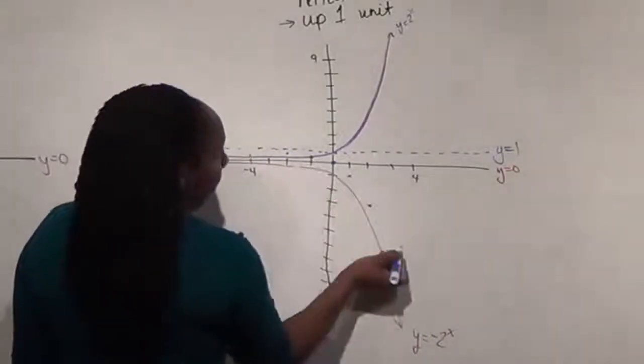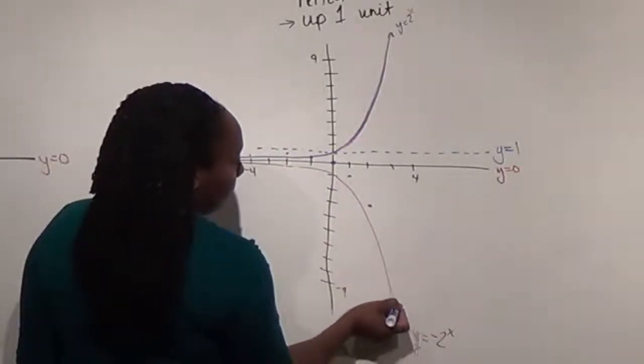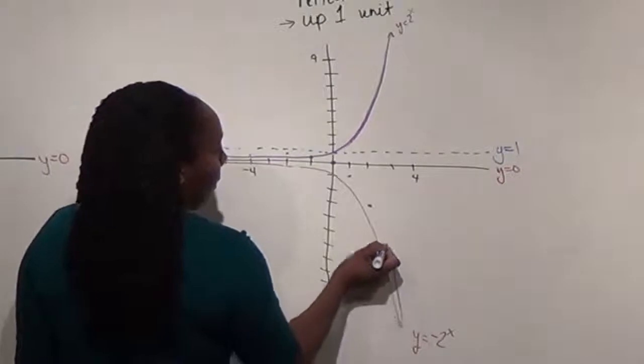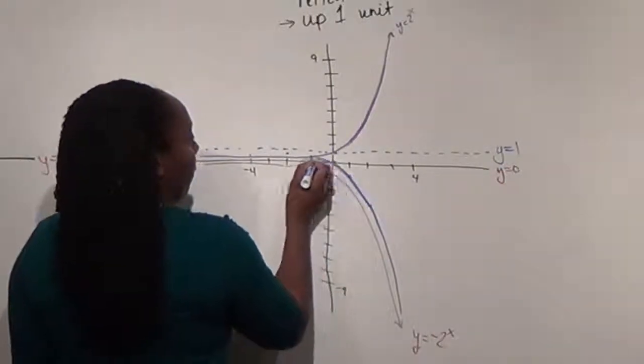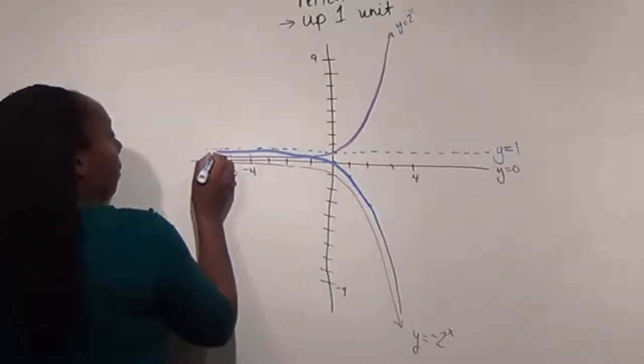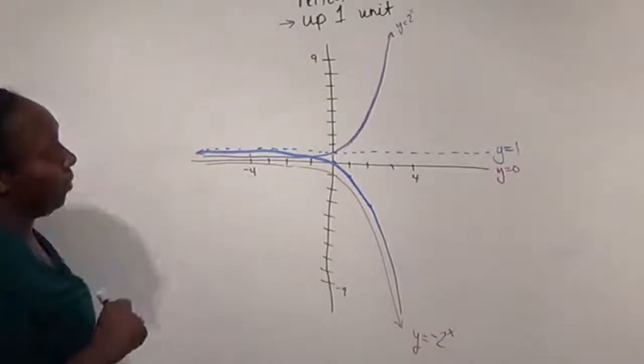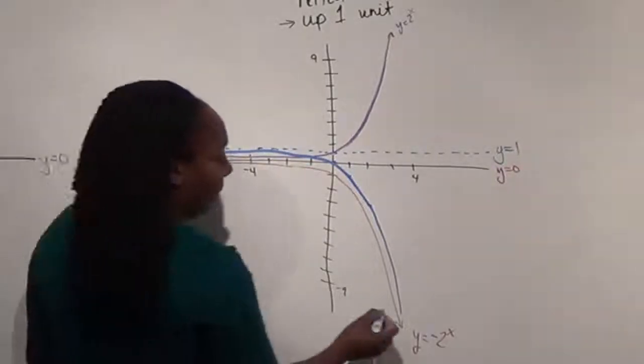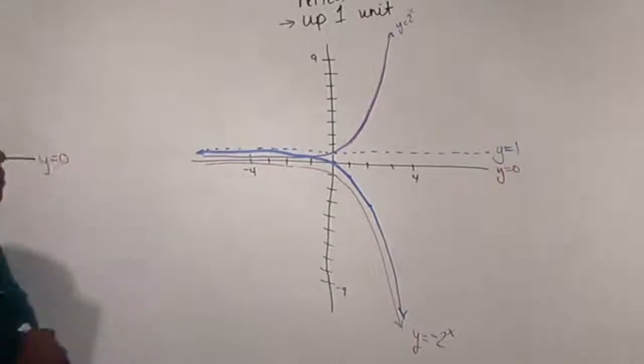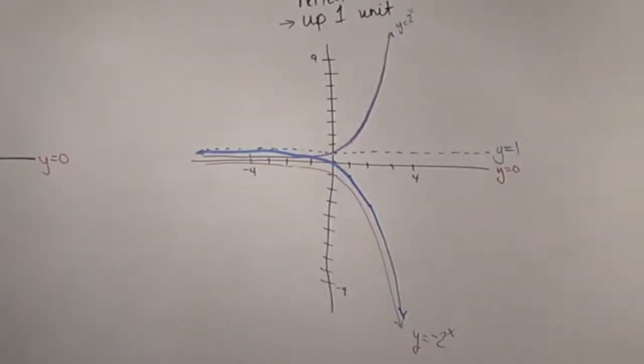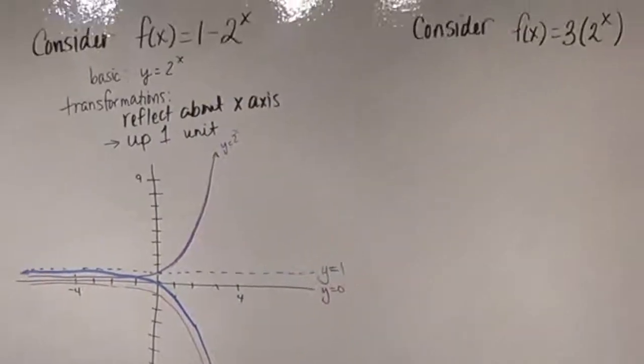And we can see as we move kind of to the left on the curve, our values are getting closer and closer to y equals 1. So there's a sketch of our graph, and you can kind of see the different transformations on that one.